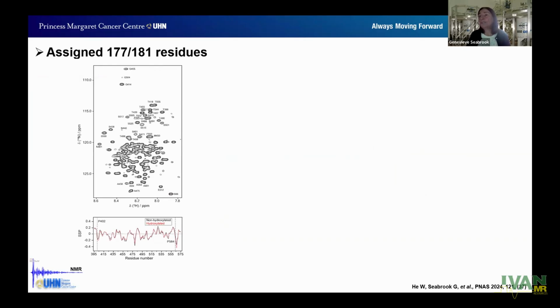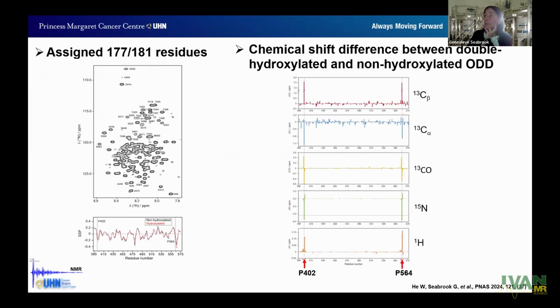Our student, Wen, was able to assign all those residues in the IDP. He also plotted the chemical shift difference between before hydroxylation and after hydroxylation. For people who work on proteins, it's super interesting because we're so used to seeing some amides being affected and others not.